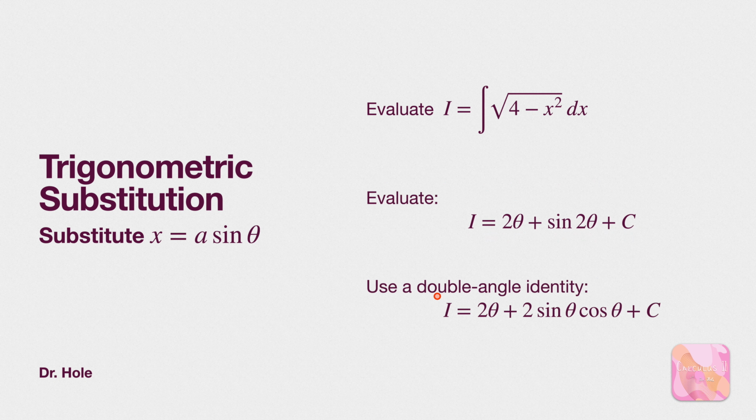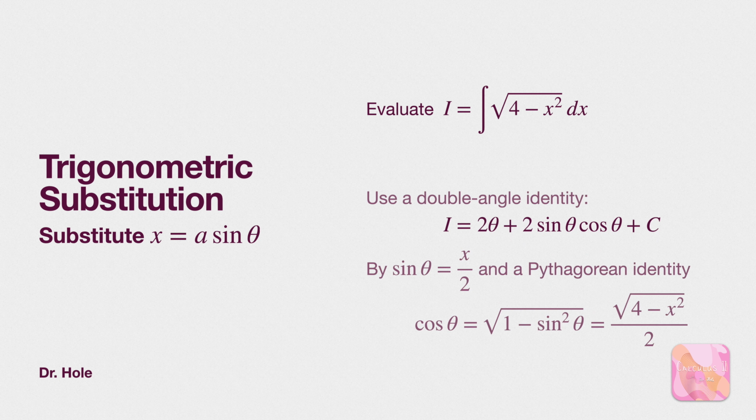And we can use a double angle identity on sine of 2 theta. So recall that sine of 2 theta is twice sine of theta product cosine theta. So that's looking good. And 2 sine of theta, that is just x. So now we need to find an expression for cosine of theta.